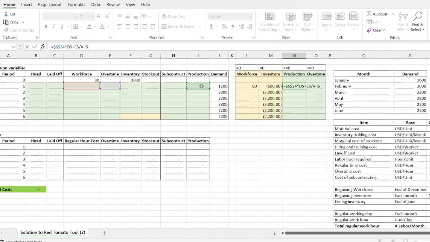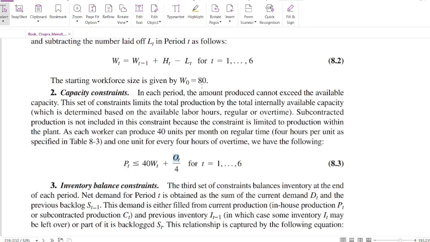Now you see this 40 WT plus OT divided by 4 is the possible number of units that I can manufacture.